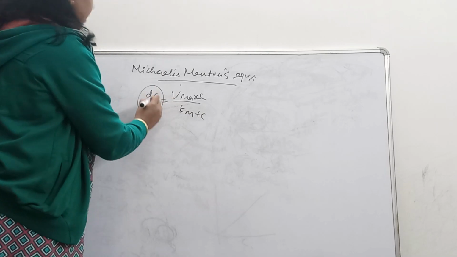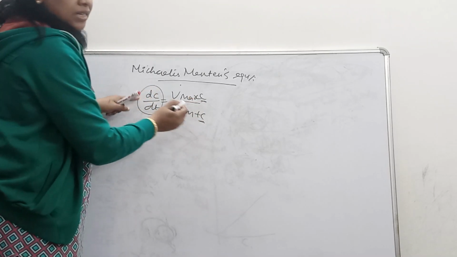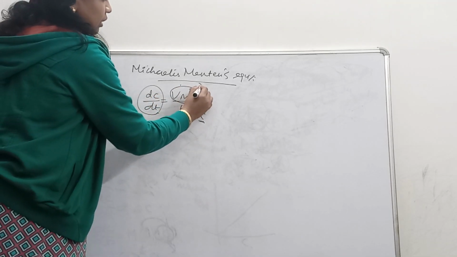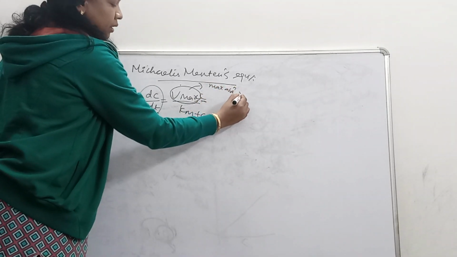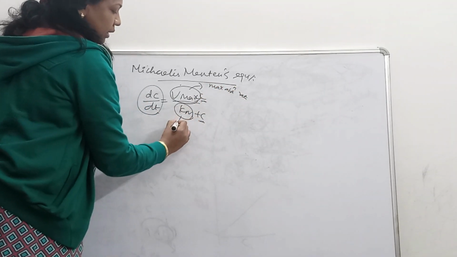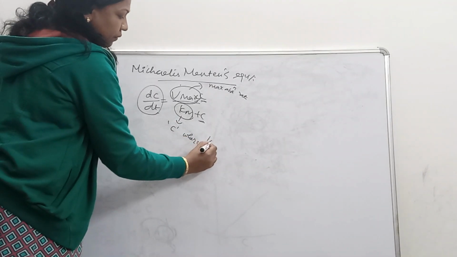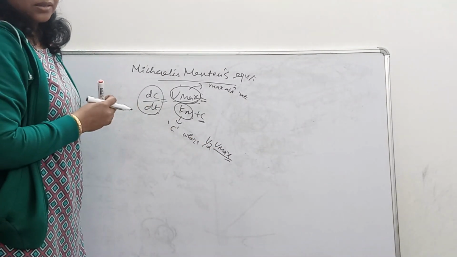As we already know, dC upon dt is the rate of drug absorption, where C is the drug concentration and Vmax is the theoretical maximum absorption rate, and Km is the concentration where half the maximum rate occurs.